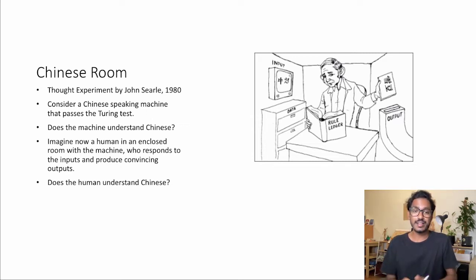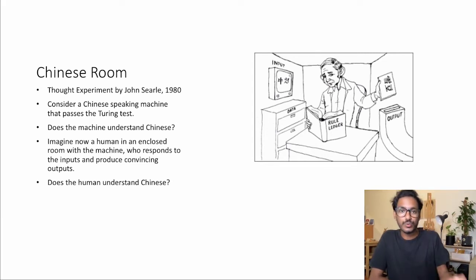What happens now is an English speaker goes into a confined room with the machine, and accepts the input, then processes it through the Chinese Turing AI, and then passes on the output.